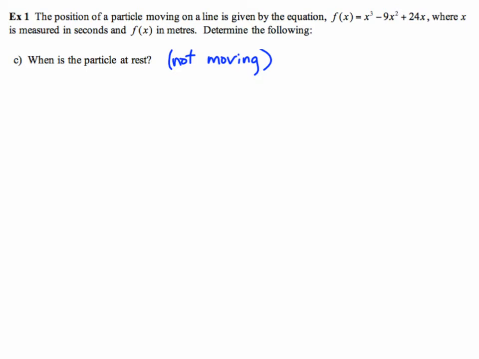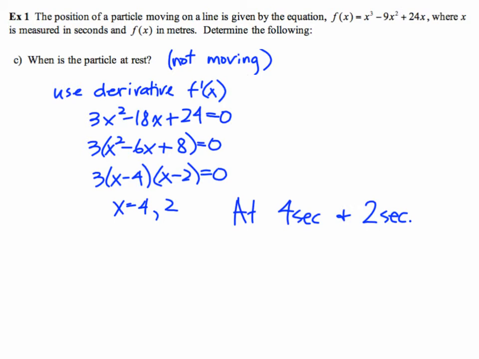I'm going to remove a GCF of 3 out front, and I factor my trinomial of x squared minus 6x plus 8. My numbers that multiply to give me 8 are 4 and 2, and I need them both to be negative. Solve for x, so my x values are 4 and 2. So the particle is at rest at 4 seconds and 2 seconds.